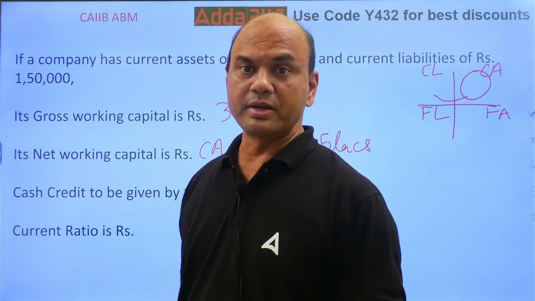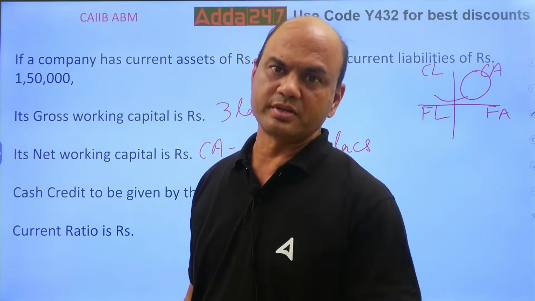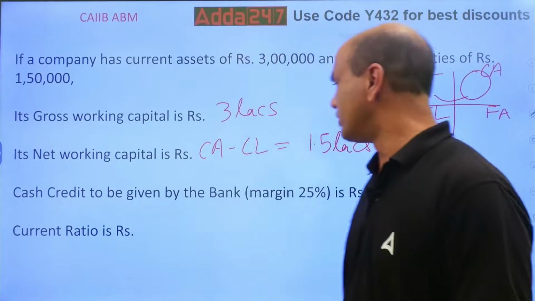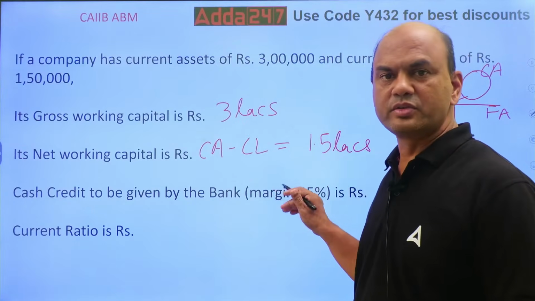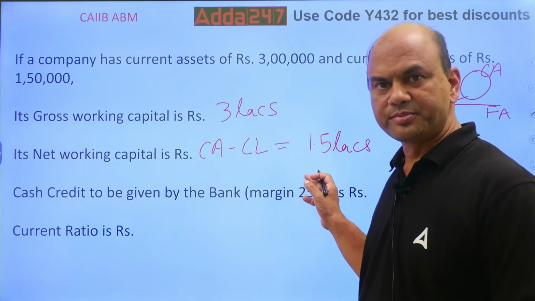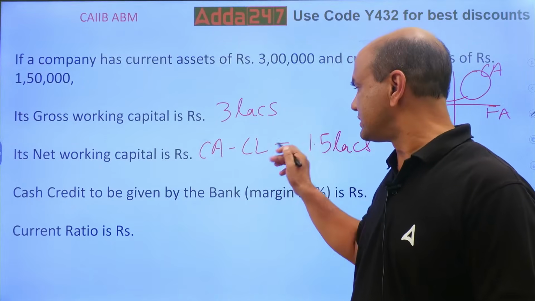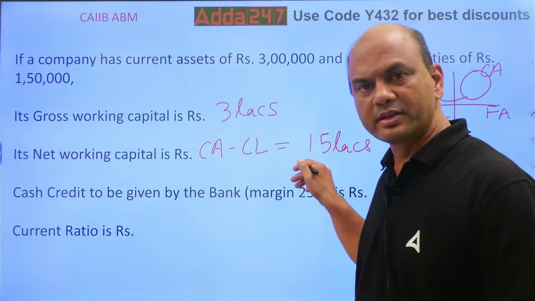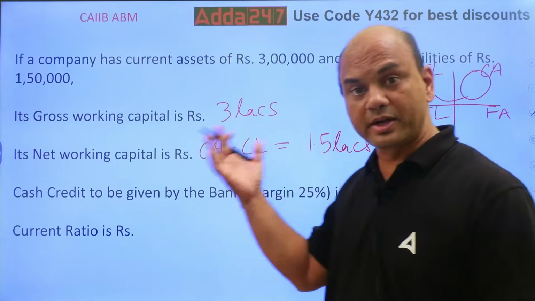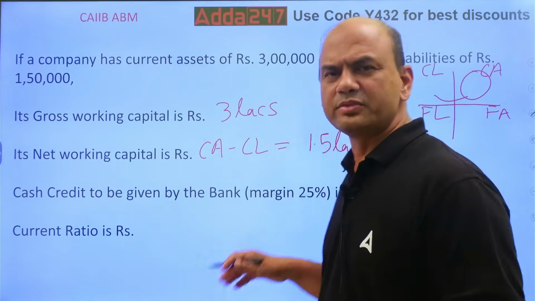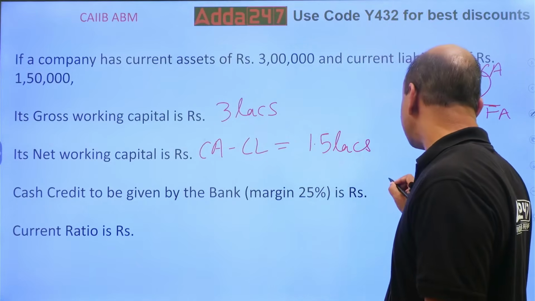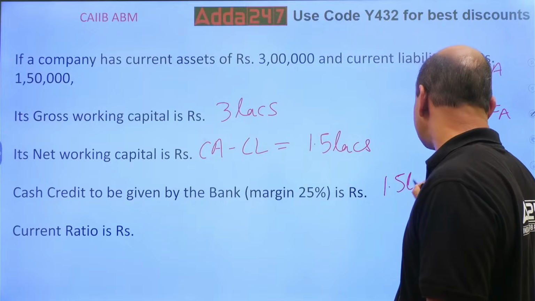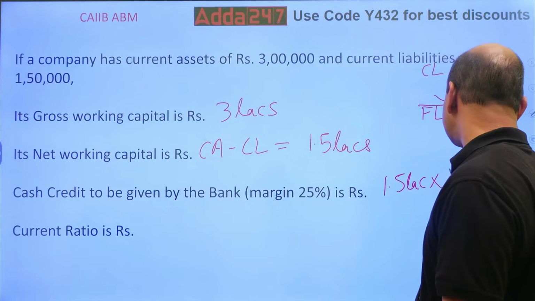That is all there. But thumb rule is, this margin is always given as 25%. So subtract that margin from this gap. This gap actually is given on operating cycle. But thumb rule is, whatever the gap is, subtract the margin from it. So 1.5 lakhs into 75%.